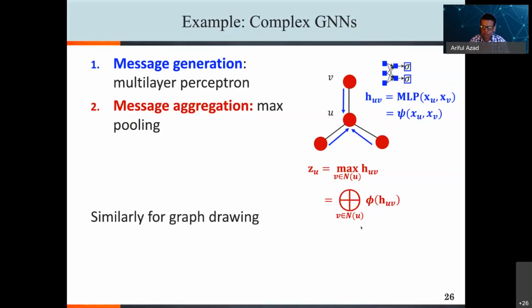And most graph learning systems, for example, PyTorch Geometric or Deep Graph Library, have a message passing API for developing graph machine learning algorithms. Because you can just aggregate messages, using this API you can implement almost all graph machine learning algorithms.